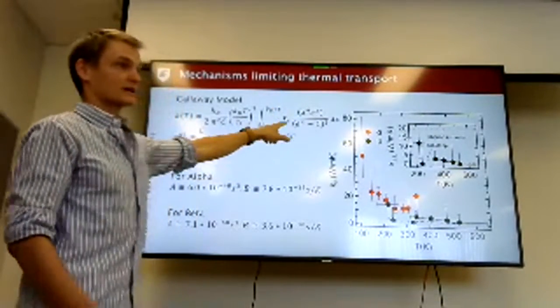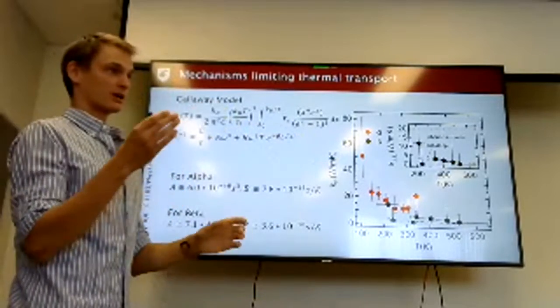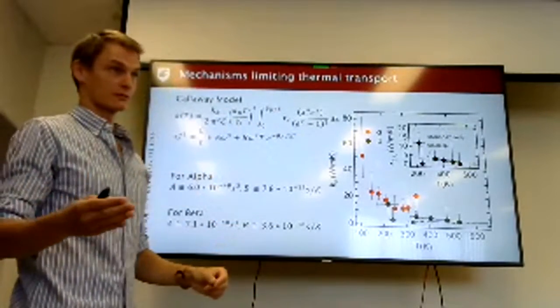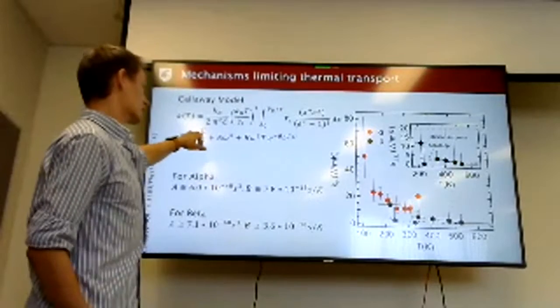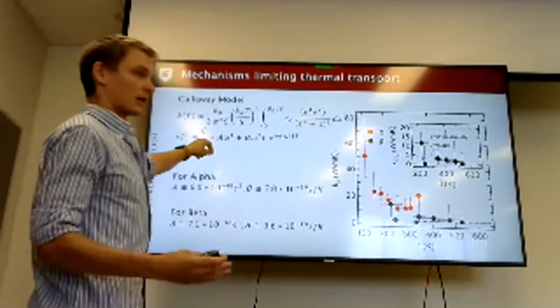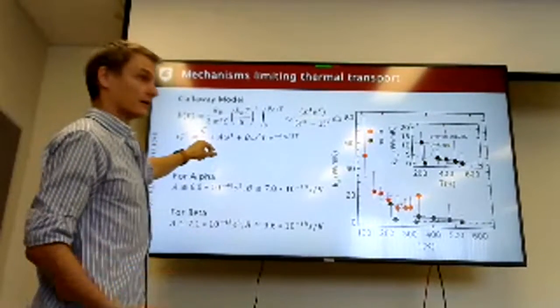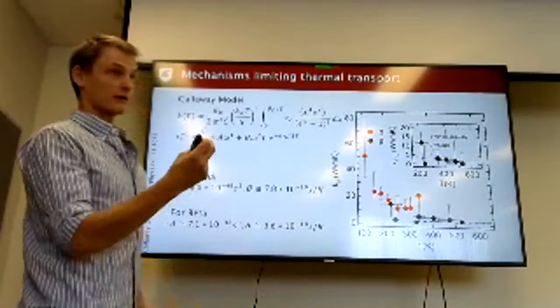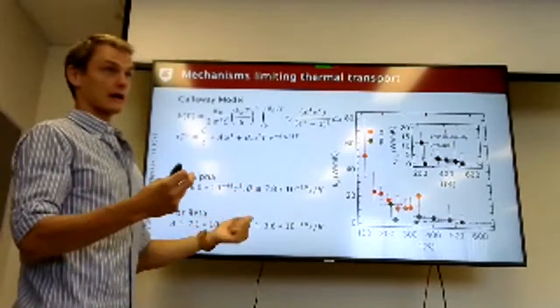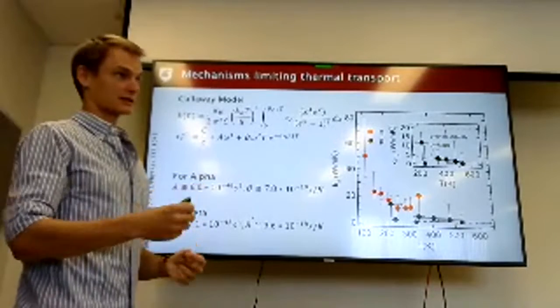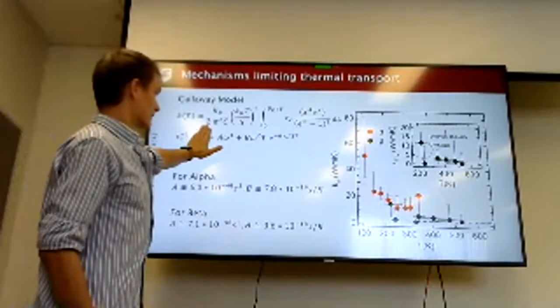And the model is to break the relaxation into different components. So the first component is phonon boundary processes, where we intentionally made our layers very thick so that didn't matter, and then we simulated it with different thicknesses and it didn't come up. So we can kind of ignore this term.